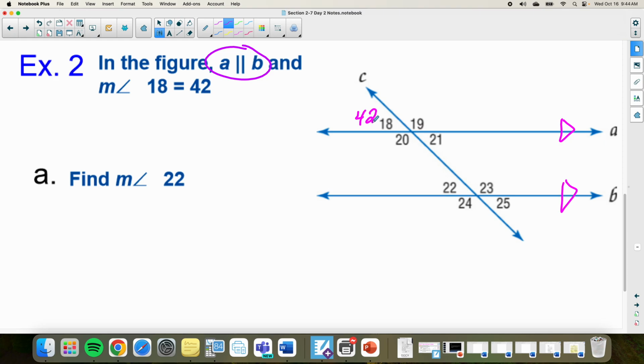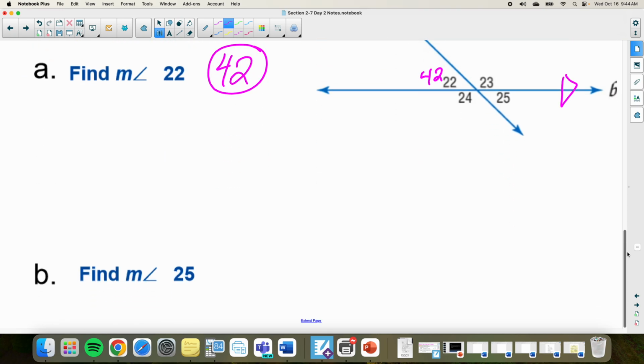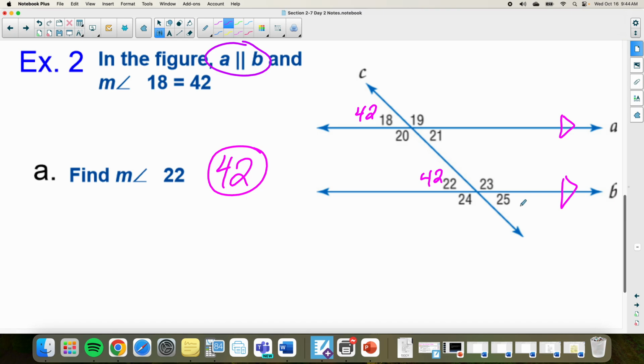What would that be? 42 because they are corresponding. Very good. And if they ever ask you to say why, don't worry about that. And then they ask us down here to find angle 25. What do you think that would be? 42 also. Wouldn't this one be 42 also? Yes. Okay.